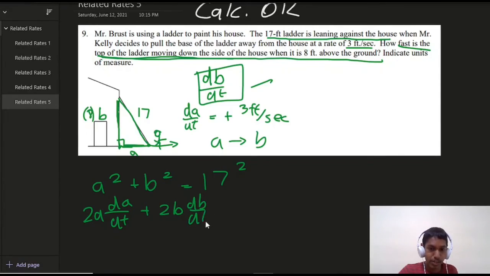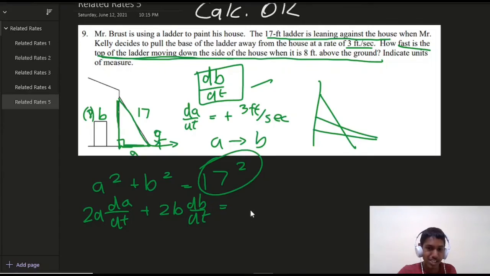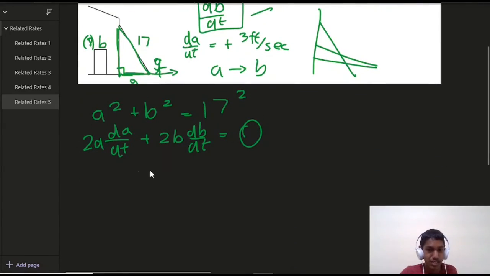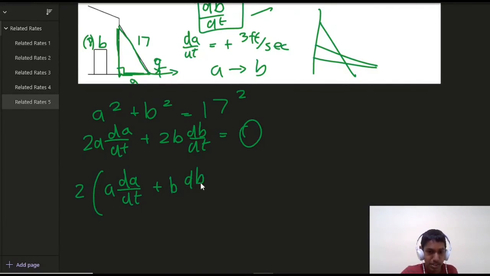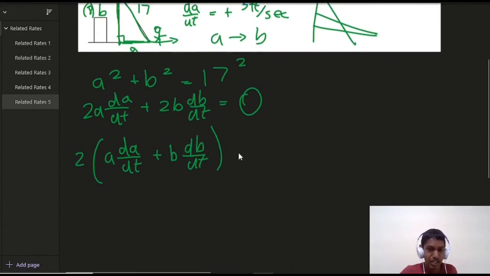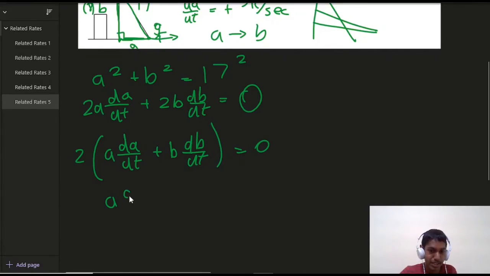And once again, we are implicitly differentiating, so we have to multiply by dA/dt and dB/dt because they are both functions of t. They are both changing with respect to time. The derivative of a constant is 0. Now let's factor a 2 out of this, because this also makes things easier. Equals 0, and then we can just divide by 2.